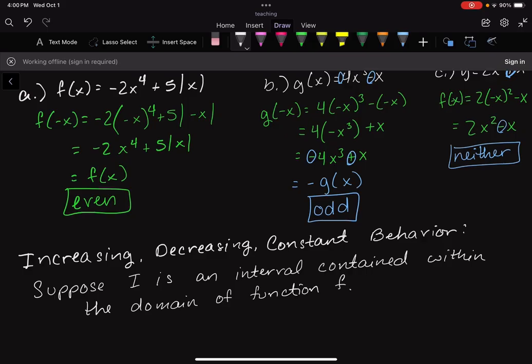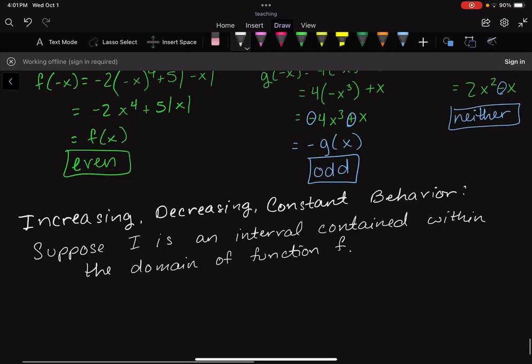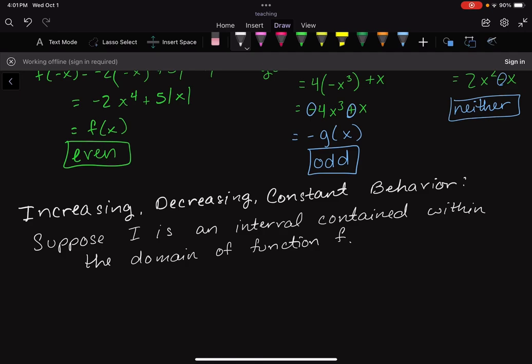This is very mathy language. What I want you to really know is that we're just looking at a piece of the graph. We're saying I is some interval, so we're just looking at a piece of our graph. That's it. I know it sounds all mathy. And then we're saying it's within the domain, so it's on the graph. If it's in the domain, then that means it's been graphed.